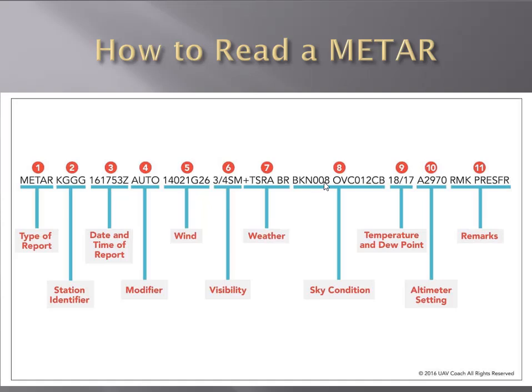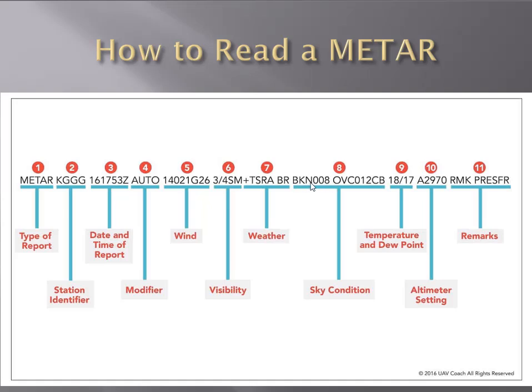The numbers that follow this would indicate what the cloud height is. So it goes tens of thousands to thousands to hundreds. In this case, 008 means that it is a broken cloud deck at 800 feet. And a broken cloud deck is essentially about 70% or so of the sky covered with clouds.